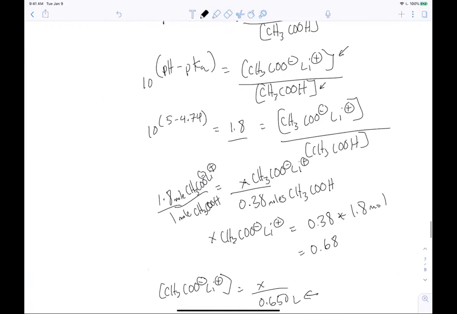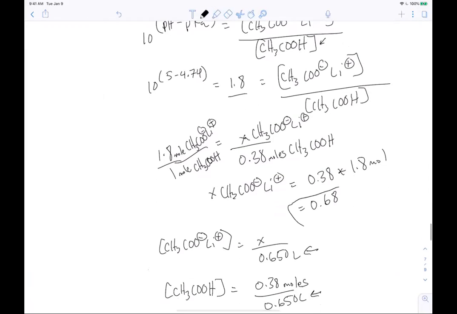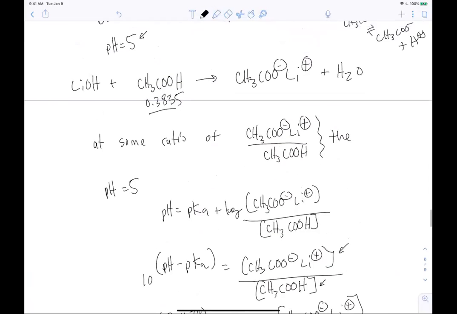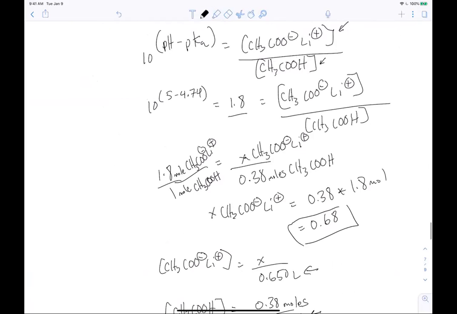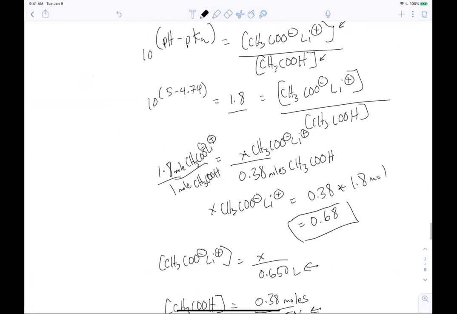So yeah, so then you want to go back. So now that we know it should be 0.68, you know that at the end of this, you want to have, hold on, I might have messed up something there. I'm going to calculate the mole fraction, not just simply the.